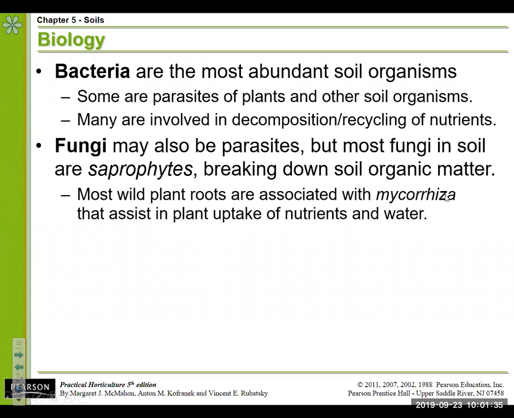We can also have fungi, of course, which again can be beneficial, can be detrimental too. They can be plant parasites, but most of them are also aiding in that decomposition and recycling, this loop, this cycle of nutrients moving through the soil and into the plants.